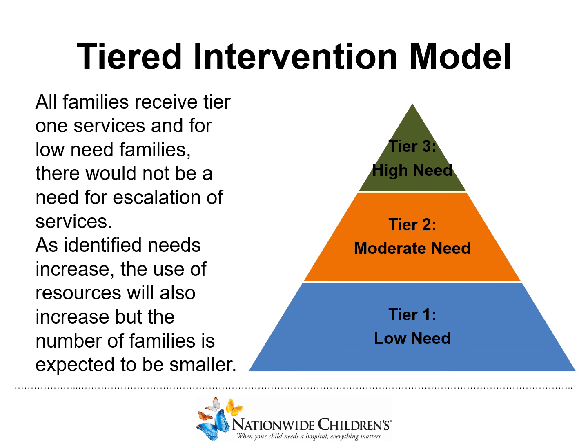So once we completed our school needs assessment and we're ready to create a service plan, we moved our model to this tiered intervention plan where all families receive tier 1 services. So everyone receives the basic services, and then as needs escalate, so does the intensity of the services, and our assumption would be that there are fewer folks in the high need area, which would need the higher level of service.